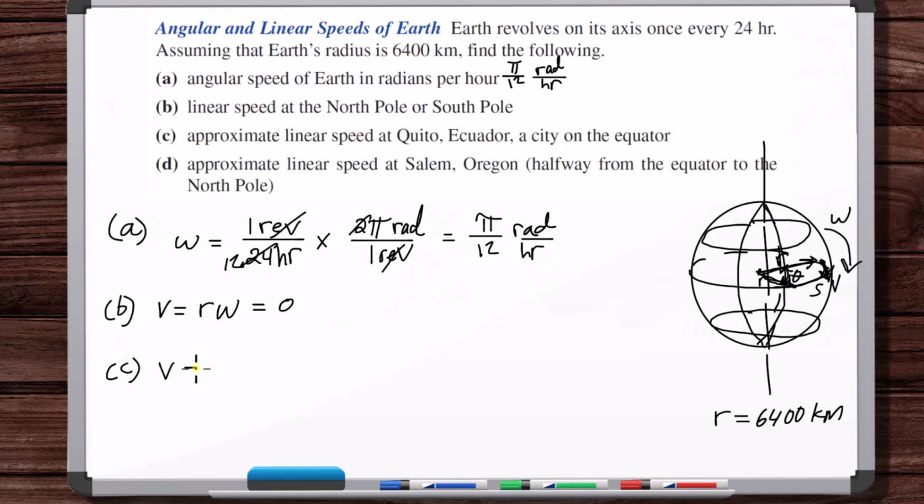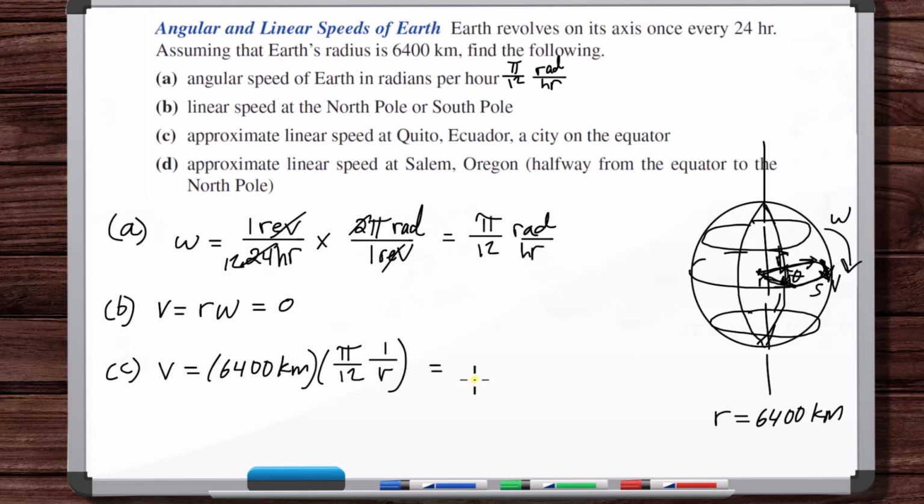So in that case, V is R omega. They don't tell us the units, so we'll just do kilometers per hour: 6,400 kilometers, and then pi over 12. Radians are unitless, so that's going to be kilometers per hour.